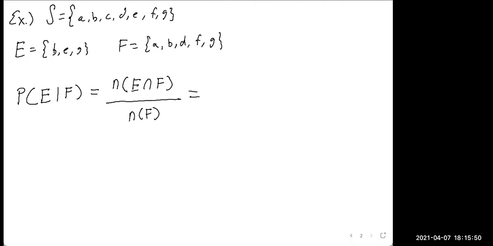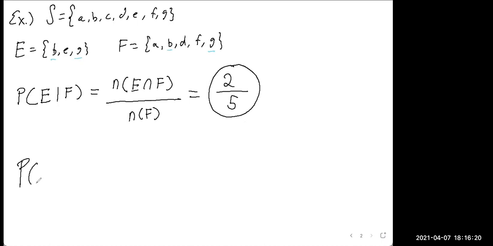B, I think they share a B. E, they do not share an E. G, they seem to share a G. So I think there's two things that they share. Then how many things total in F? 1, 2, 3, 4, 5. So this would be 2/5. That would be E given F.